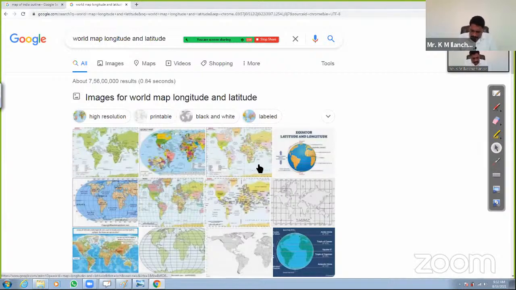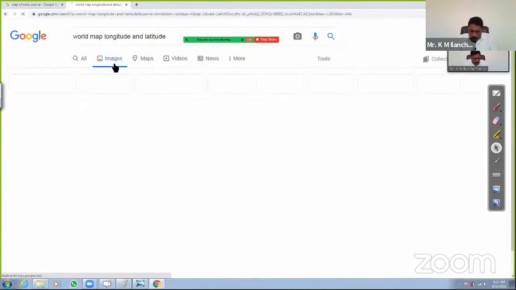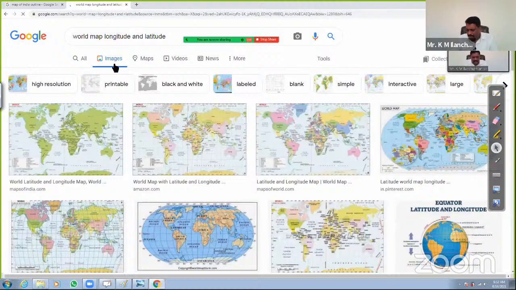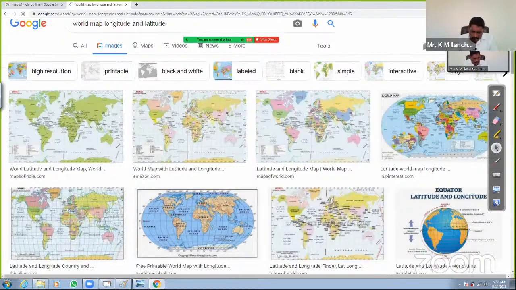Say, for example, this particular map comes with the latitude and longitude, just to tell you how exactly we are marking this thermal equator.